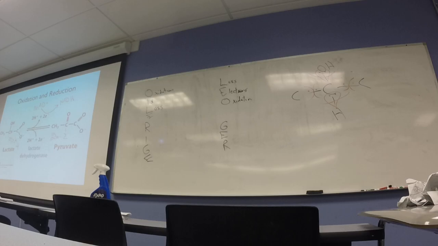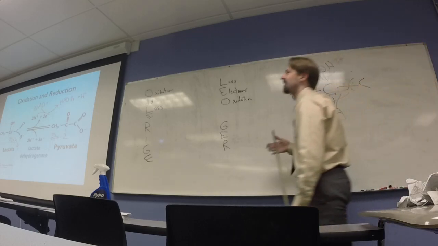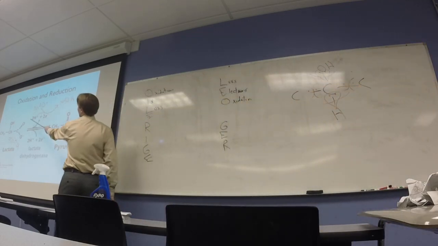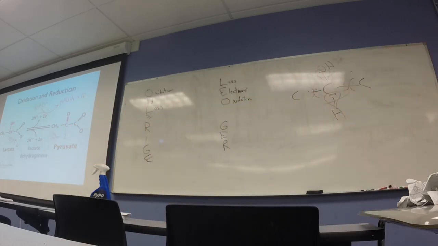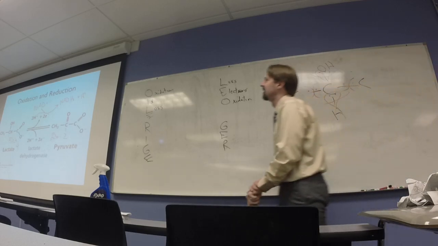It actually accepts these too, because it becomes NADH plus a proton. So if you're wondering where that H magically came from, it's one of these. So NADH is going to couple in there and grab those.